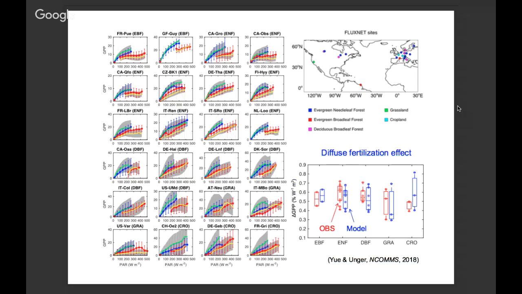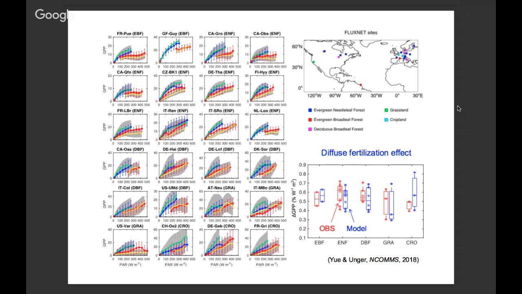We can see for the same amount of radiation for most of the sites, GPP is higher when the light is more diffuse. The blue is the observation, the green is the model. Then we calculated the slope of these two lines and show it here. We found that the model generally captures this GPP response to diffuse radiation.